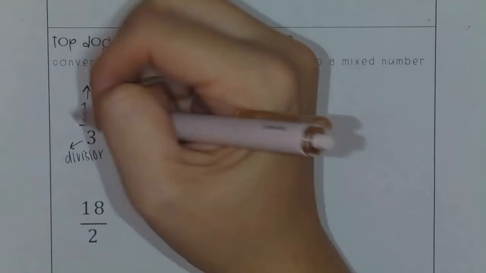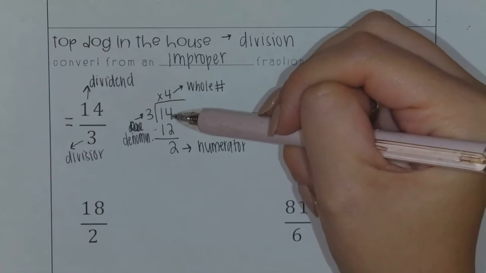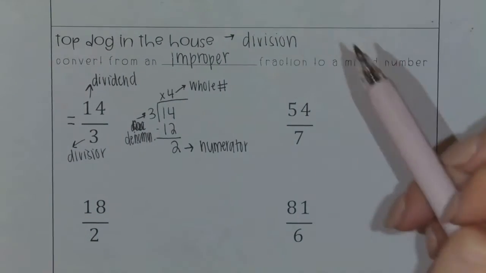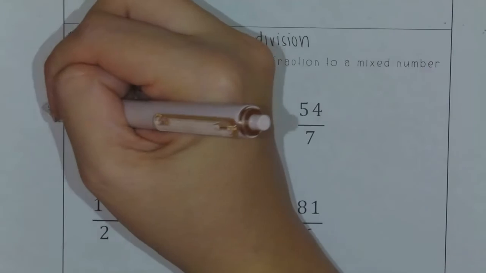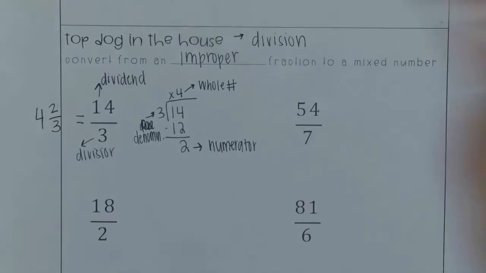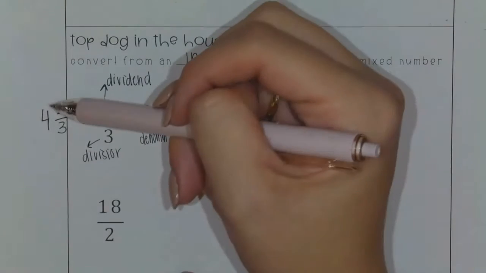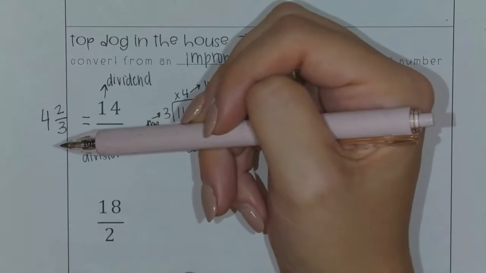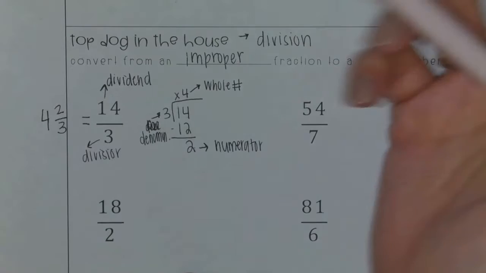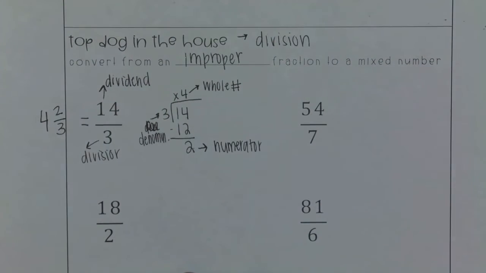So really what I've created here, and I'm going to go this way because I've run out of room, is 14 thirds in mixed number form is 4 wholes and 2 thirds, 2 out of 3 pieces. And I could even check it, make sure I'm right, by doing the Texas 2-step. So I would do 3 times 4, which gives me 12, plus 2 more, which gives me 14 over 3.